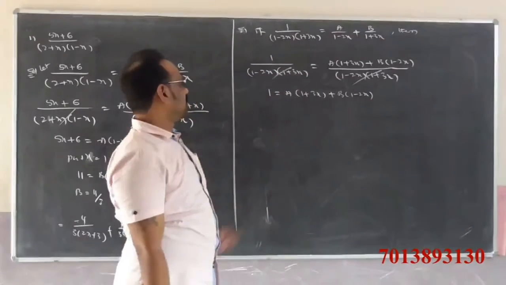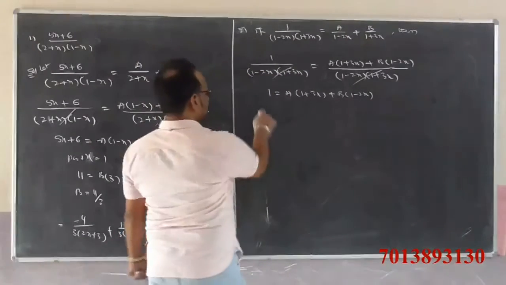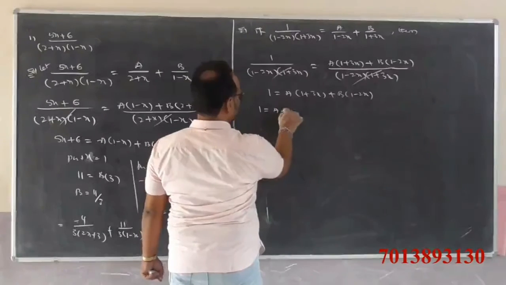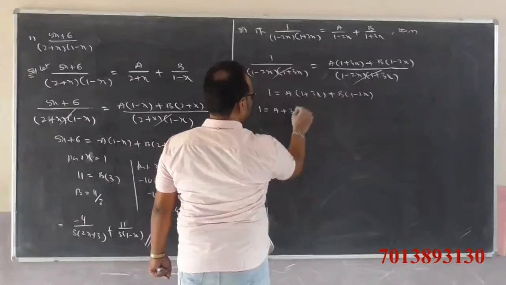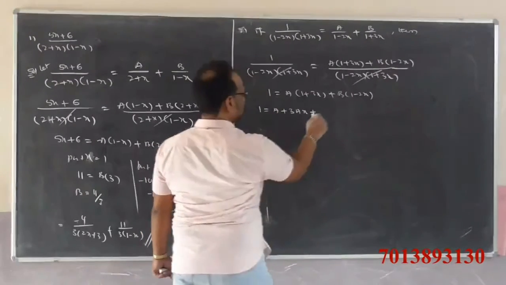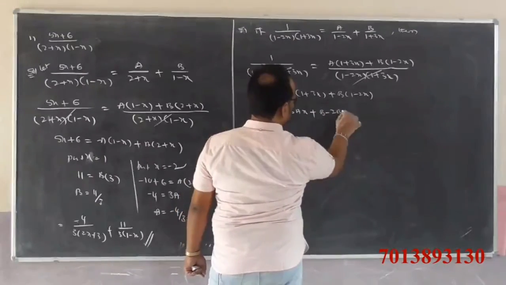If you multiply, you will get 1 is equal to A plus 3Ax plus B minus 2Bx.